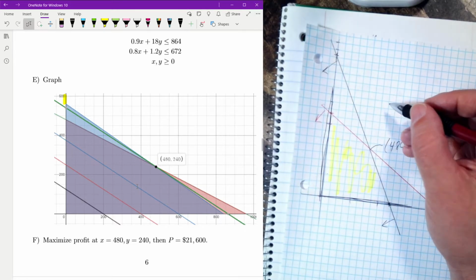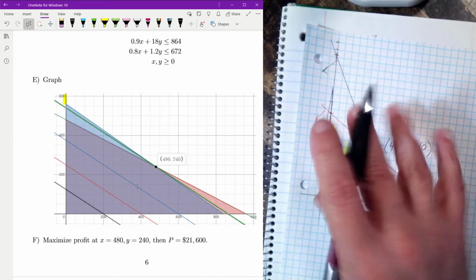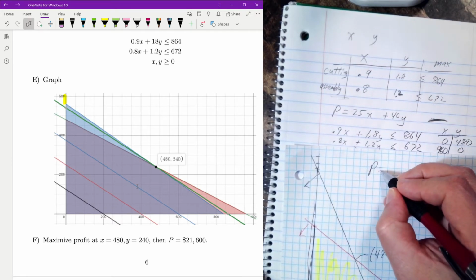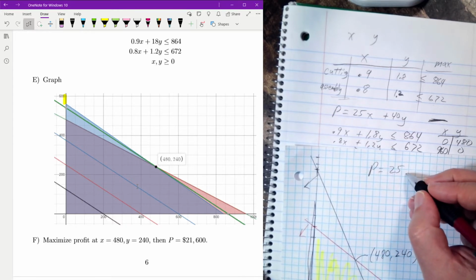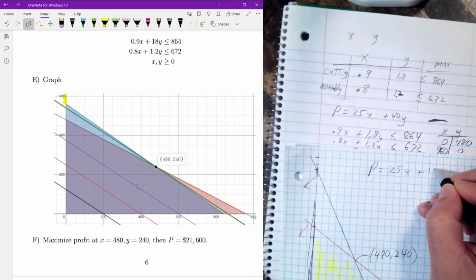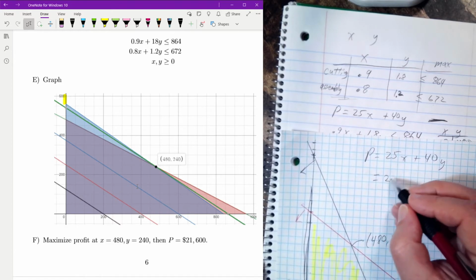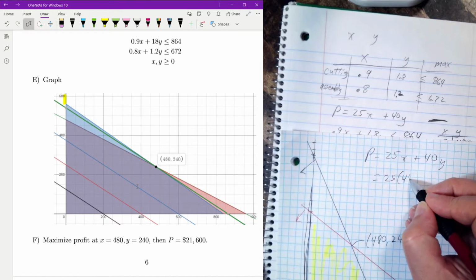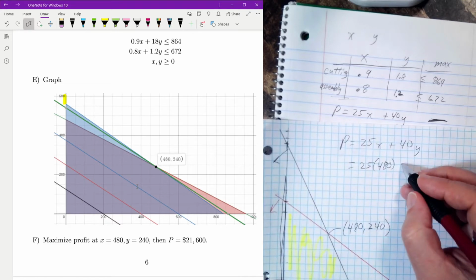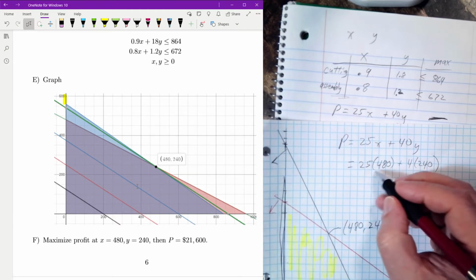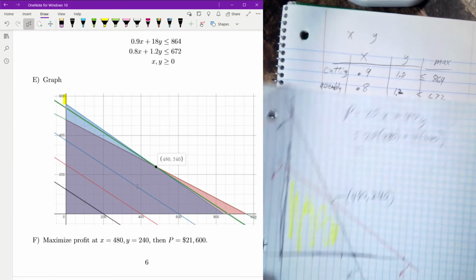So P, from what we had done earlier, is equal to 25x plus 40y, using the trusty calculator.